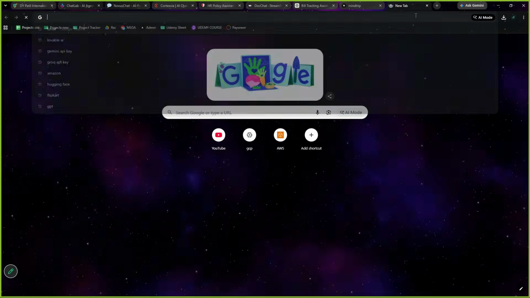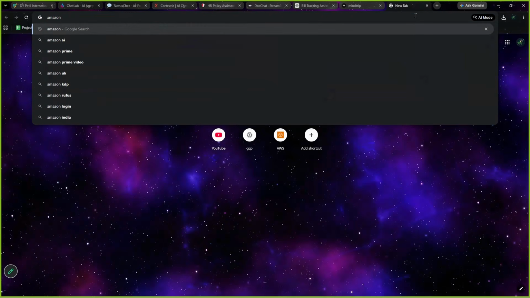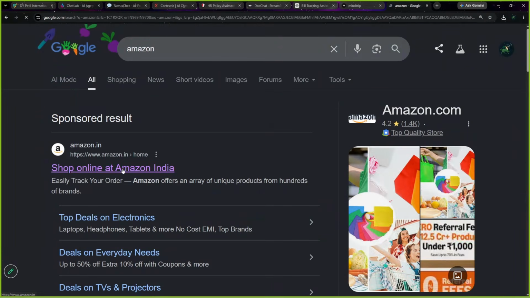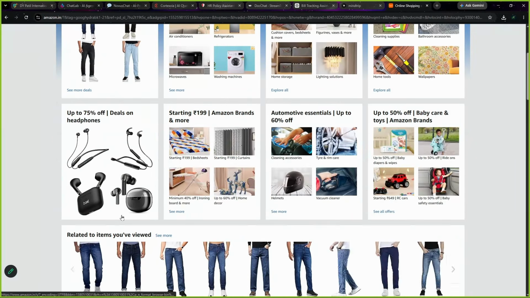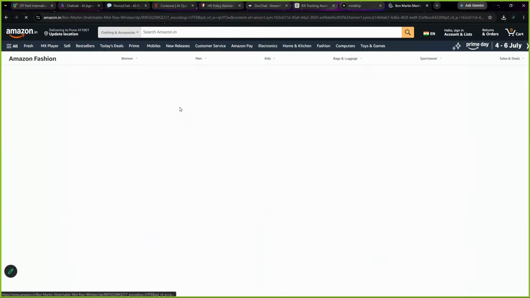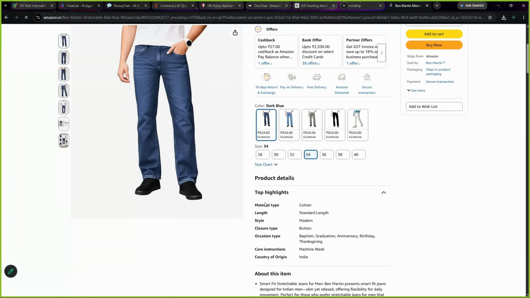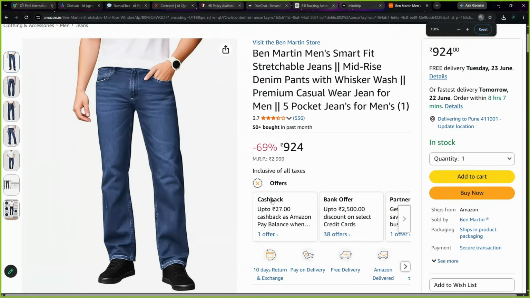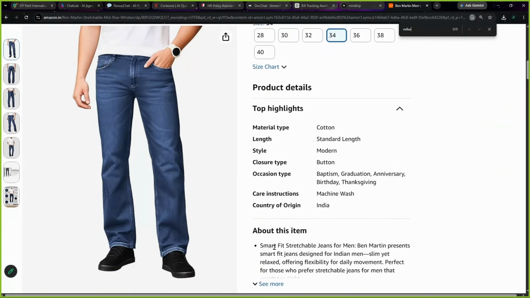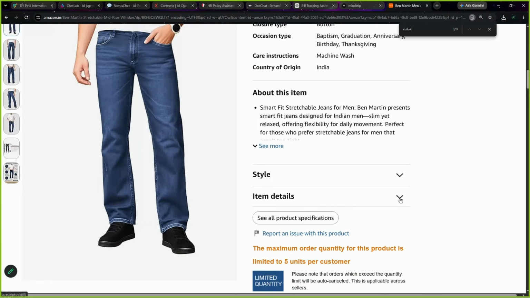One more beautiful example. Let us go ahead and see Amazon. This is Amazon. If we just go for any particular product randomly, we can see something called as Rufus. Okay. We should see something. We should have a chatbot over here.